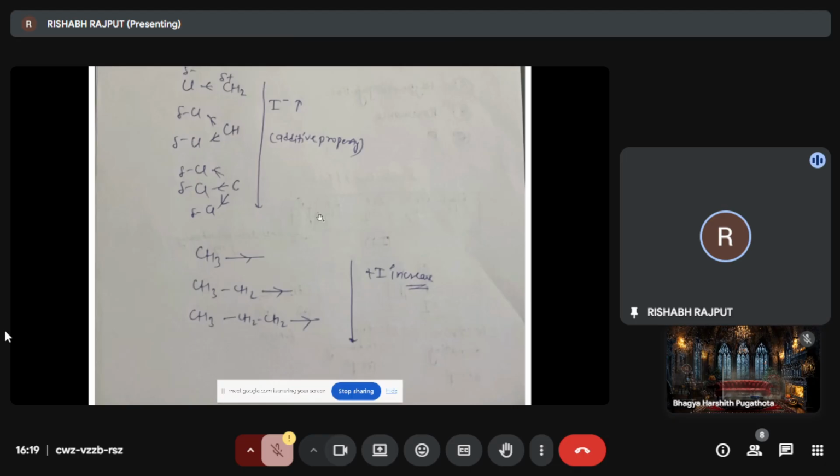Why? Because of more s character, the element is more electronegative, so sp carbon has a greater minus I effect compared to sp2 and sp3. Now I will identify in the question which group has more inductive effect, who has more minus I effect.